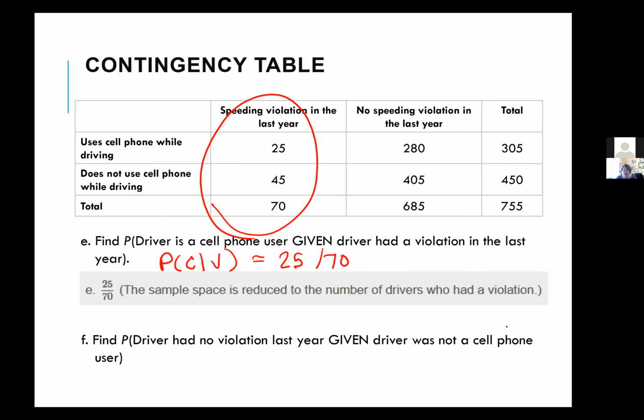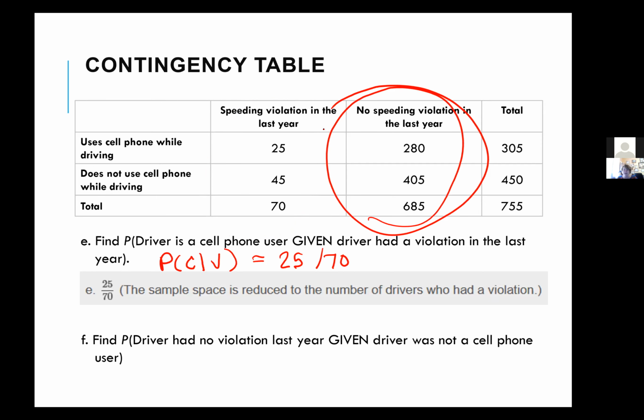Find the probability that a driver had no violation given the driver was not a cell phone user. So who are my no violation people? Well, that's this column. So my denominator is going to be 685. And what am I interested in? I'm interested in the people that had no violation given they were not a cell phone user. Well, that's this 405.